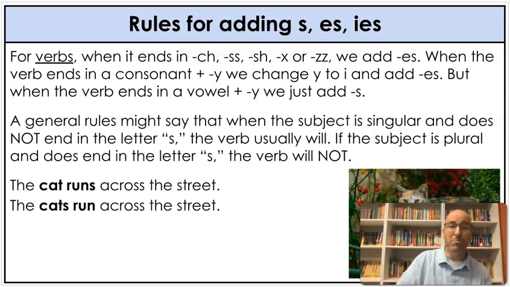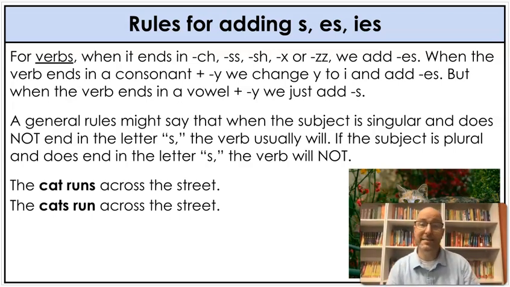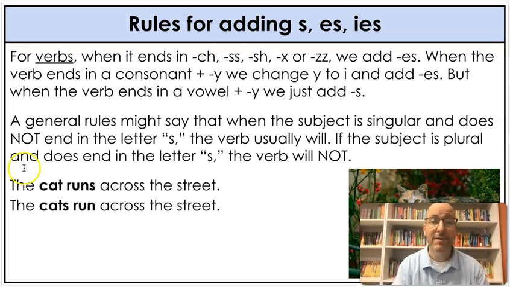A general rule might say that when the subject is singular and does not end in the letter S, the verb usually will. If the subject is plural and does not end in the letter S, the verb will not. The cat runs across the street. The cats run across the street. It's singular, so that ends in S. It's plural, more than one, so it does not end in S.